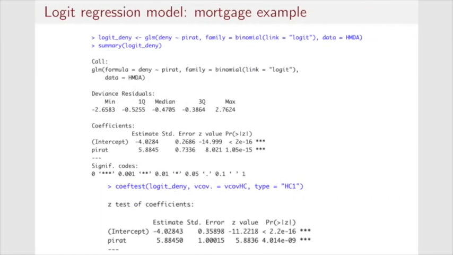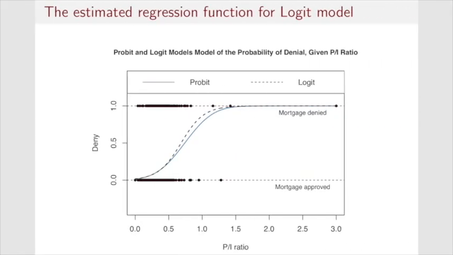The regression for the logit is very similar. We still use the glm function, but now the model should be specified as logit. And we also use the coeftest to correct for the heteroscedasticity. The dashed line here is the estimated regression function for the logit model.